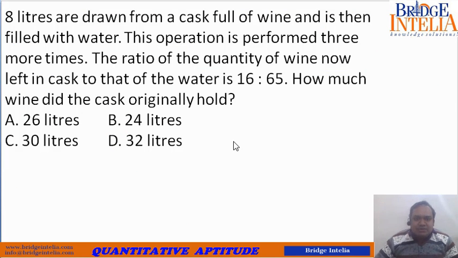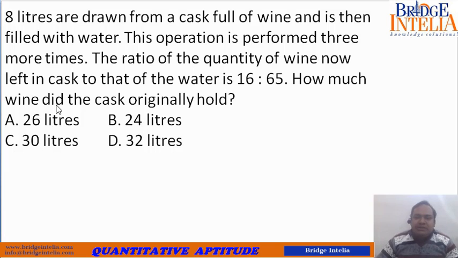Now let's have a look at this question. 8 liters are drawn from a cask full of wine and is then filled with water. This operation is performed 3 more times. The ratio of quantity of wine now left in the cask to that of water is 16 is to 65.